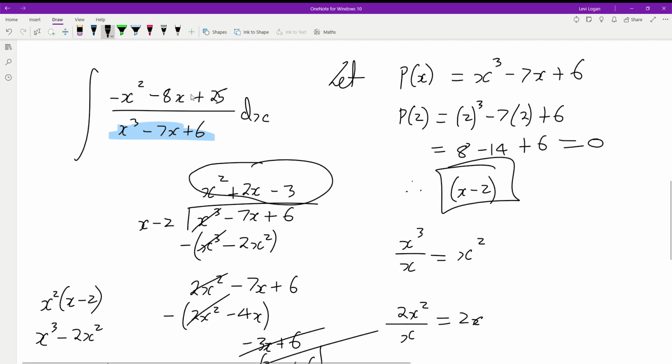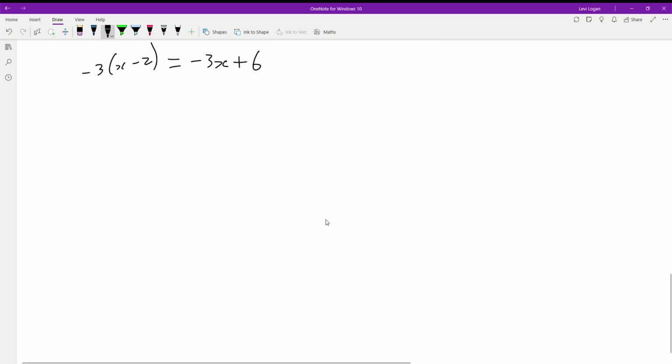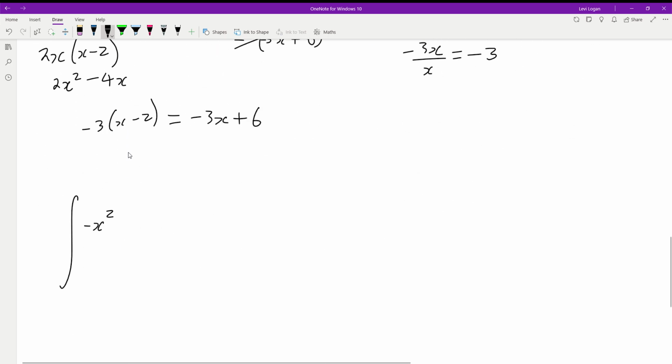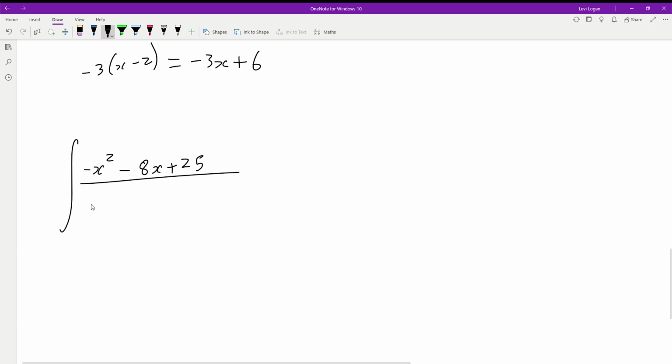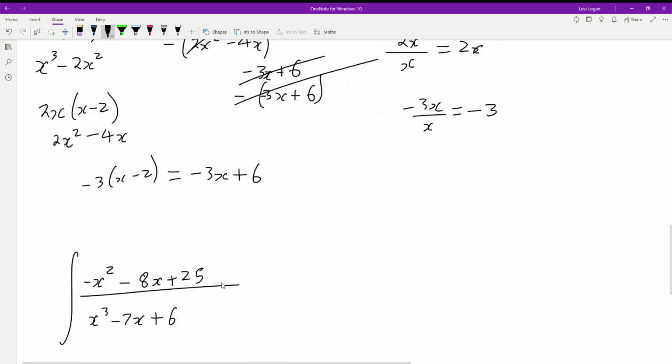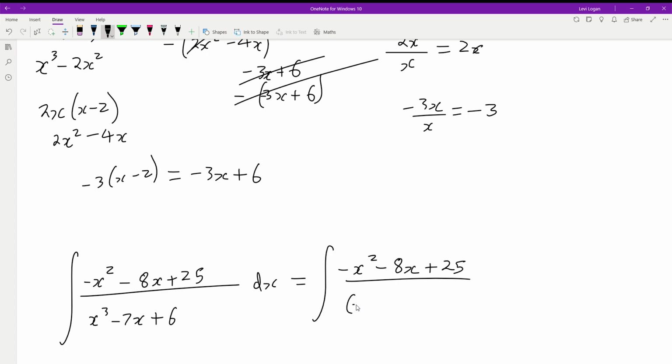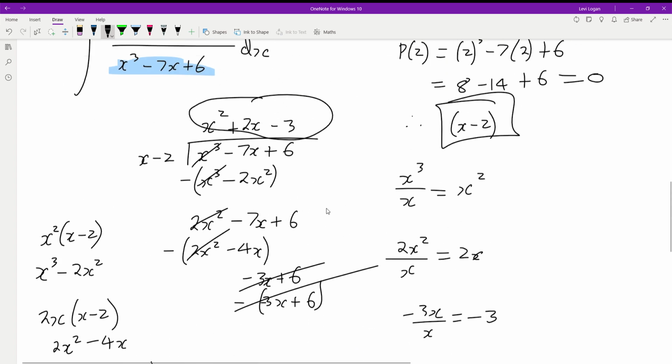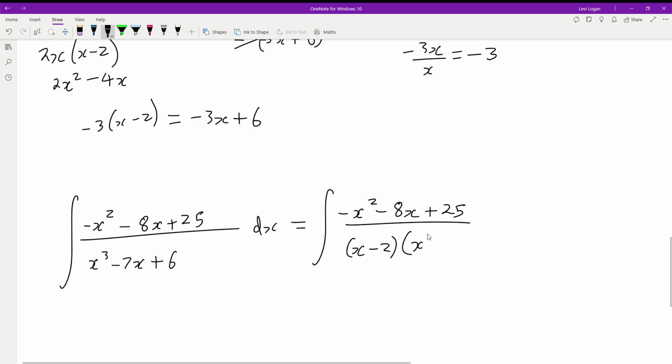Pretty much our integral, which was negative x squared minus 8x plus 25 on our polynomial, x cubed minus 7x plus 6, dx, is equivalent to this integral here: minus x squared minus 8x plus 25 all on x minus 2 times this quadratic here, x squared plus 2x minus 3. Righto.